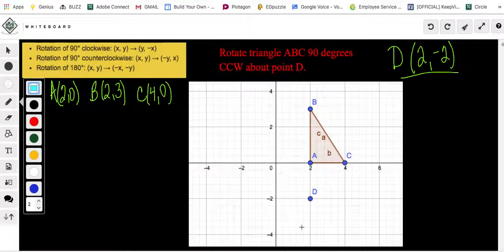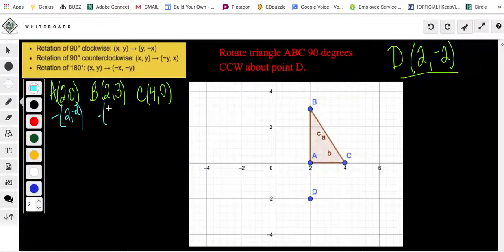In order to rotate around this point D, we're going to take those coordinates from point D and subtract them from each of our coordinates up here. That's step one. So step one is we're going to subtract 2, comma negative 2 from each set of points.